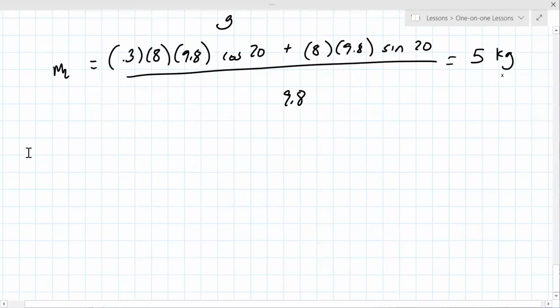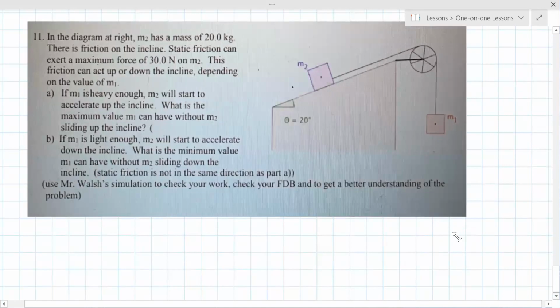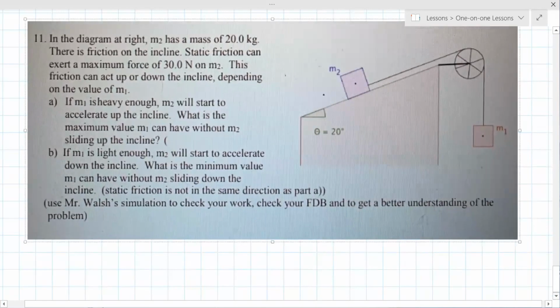I kind of want to go through this, and I wanted to show you a problem with the Atwood machine that I just really did not understand. All right. So in the diagram at right, mass 2 is 20 kilograms, and there's a friction force on the incline.